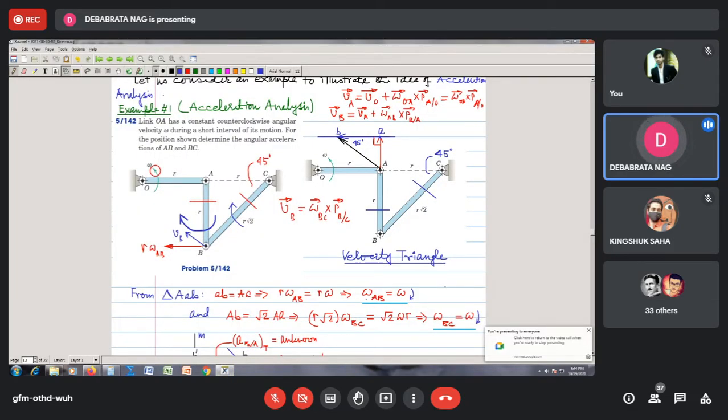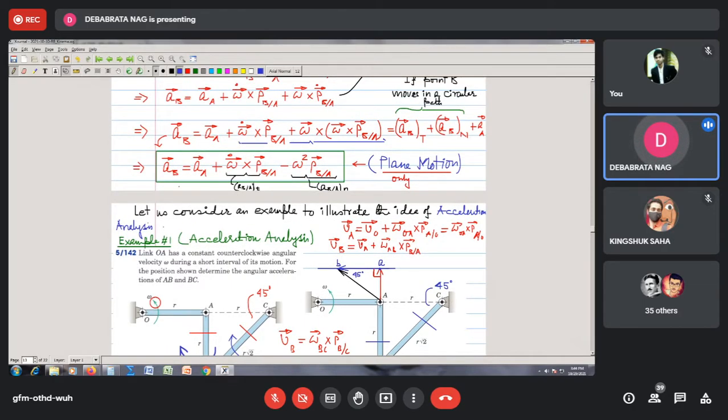So you see here that it is our right time to come to the acceleration analysis. So I will come to the acceleration equation. Please remember the three-term acceleration equation that we have studied: the acceleration of any point B on any rigid body is equal to the acceleration of the reference point plus the two relative components of acceleration with respect to that reference point, correct?